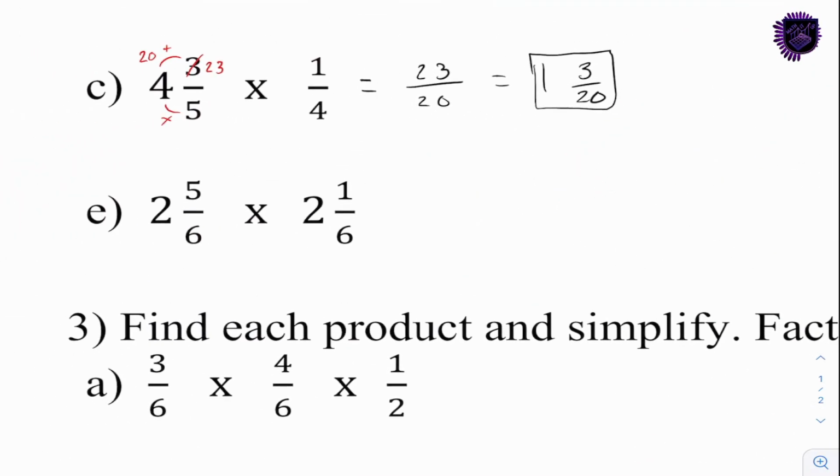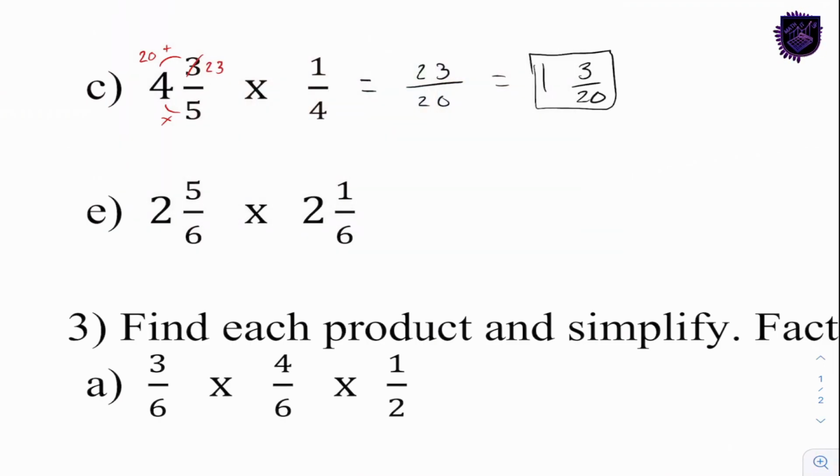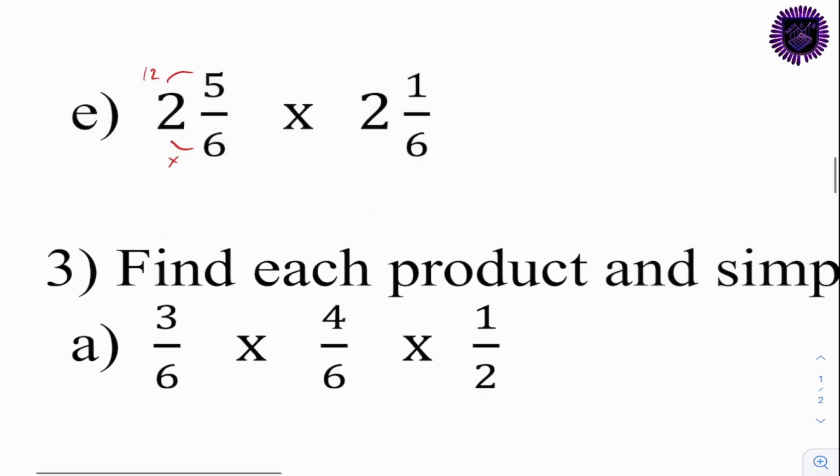So now we have 2 mixed numbers. 6 times 2, and then add that. That's going to be 12. 12 plus 5, 17.